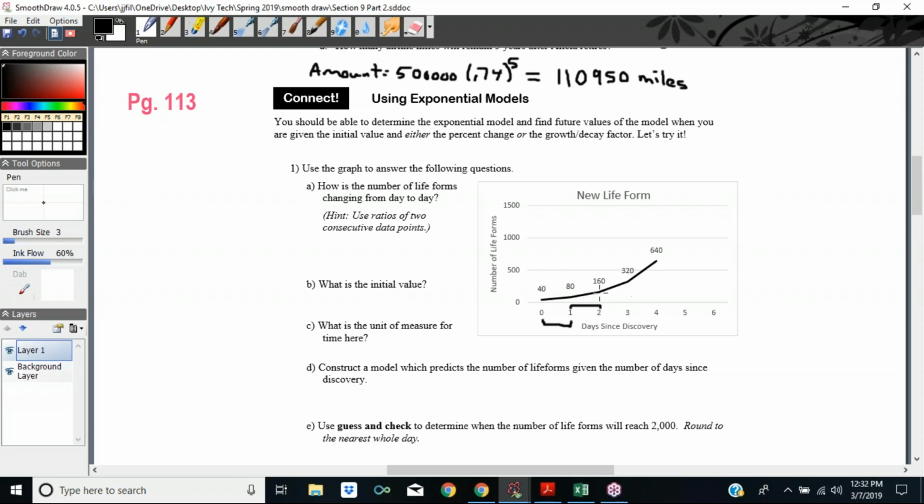Yeah, so not only is it increasing, but it's actually doubling, like it was mentioned. So it went from 40 to 80, then 80 to 160, then 160 to 320, 320 to 640. So not only is it increasing, but it's doubling.